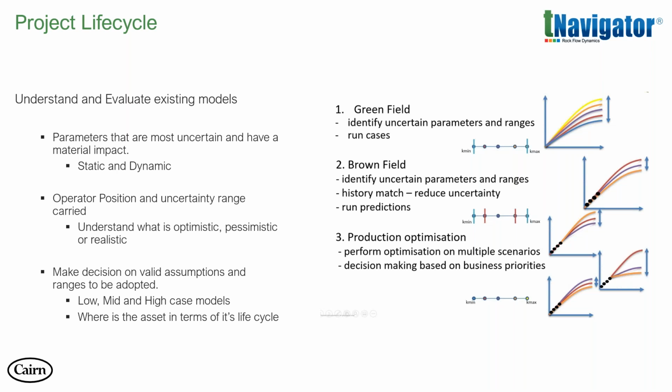What is their philosophy in terms of the ranges that they carry? Also, if they are realistic, then is it okay to be realistic, or do we need to be optimistic, or is there further room for improvement within the asset? These are the sort of questions that one has to ask, and decisions that one has to take based on the answers that you get from these questions.